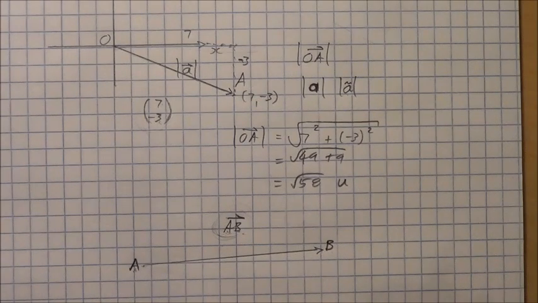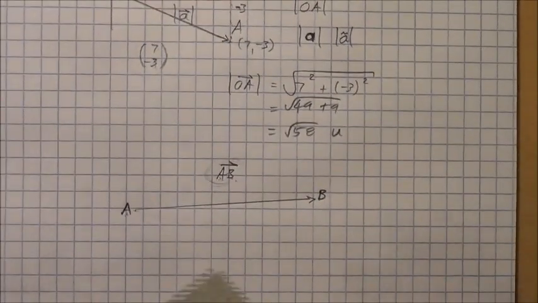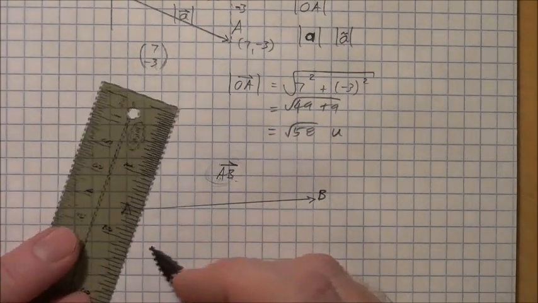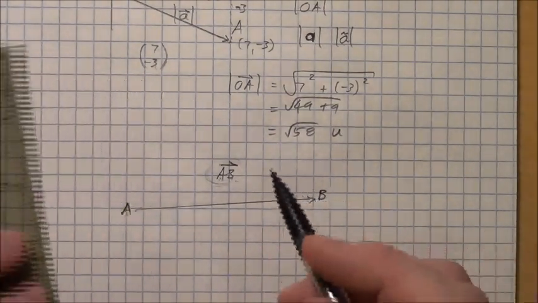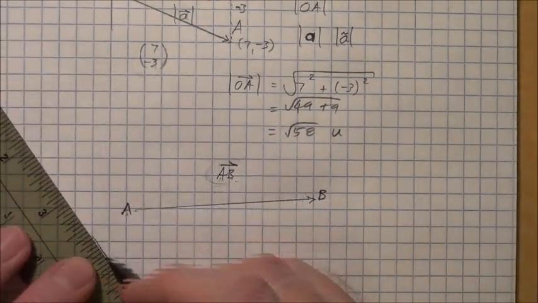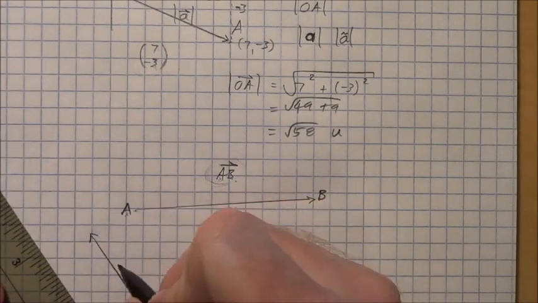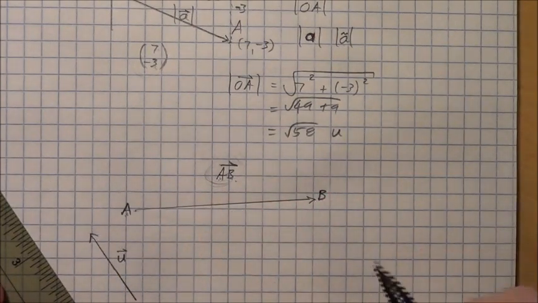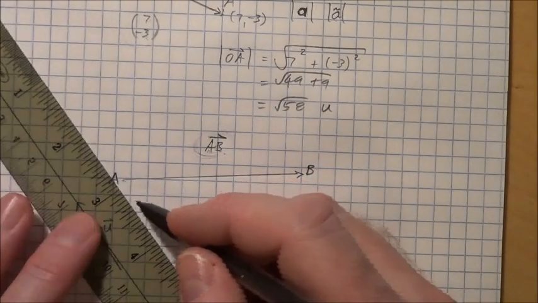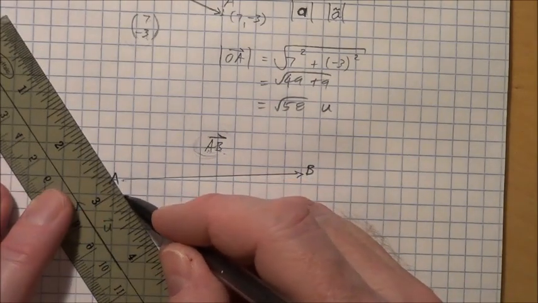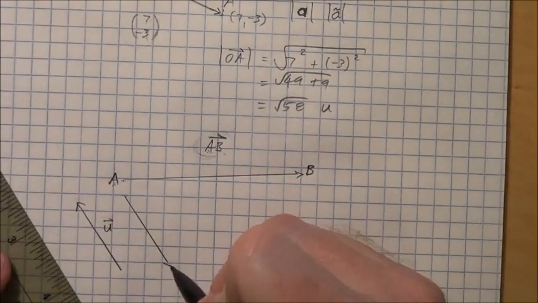Now, there can be many different positions and directions of vectors. So we could have a vector U, like that, for example. We can have vector V, like this.